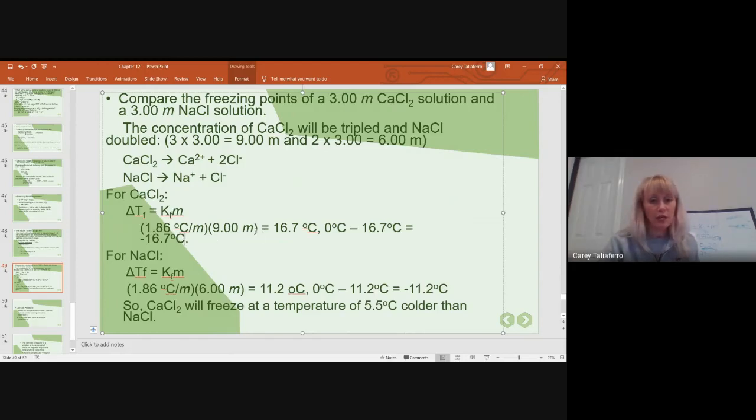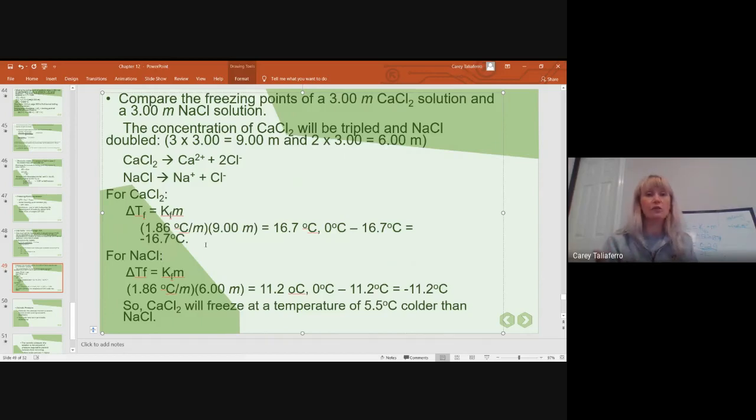And when I do that multiplication, I get 16.7 degrees Celsius. All right, so what that means is I take the freezing point of water, I subtract by how much it's depressed by, which is 16.7, and that would mean if I added that molality of calcium chloride, I would get a new freezing point in my solution of negative 16.7 degrees Celsius.